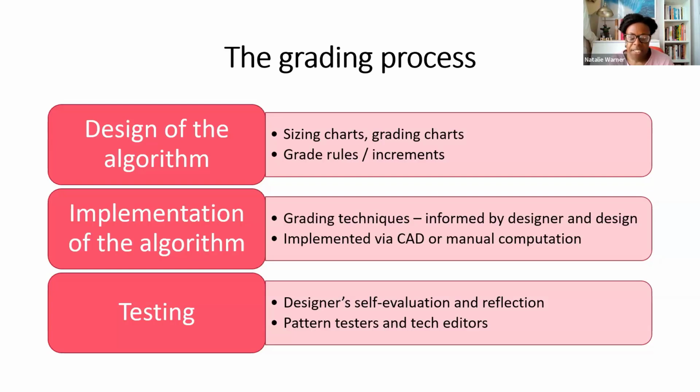By that testing phase, all your ratios and proportions will have been translated or interpreted as discrete data, as number, but everything you've done before is working towards that end goal. Many of the grading principles I'll discuss with you in this module, they're similar to woven patterns, which is not just because that's where I began, but it's just because you're deploying them differently due to the nature of the fabric.